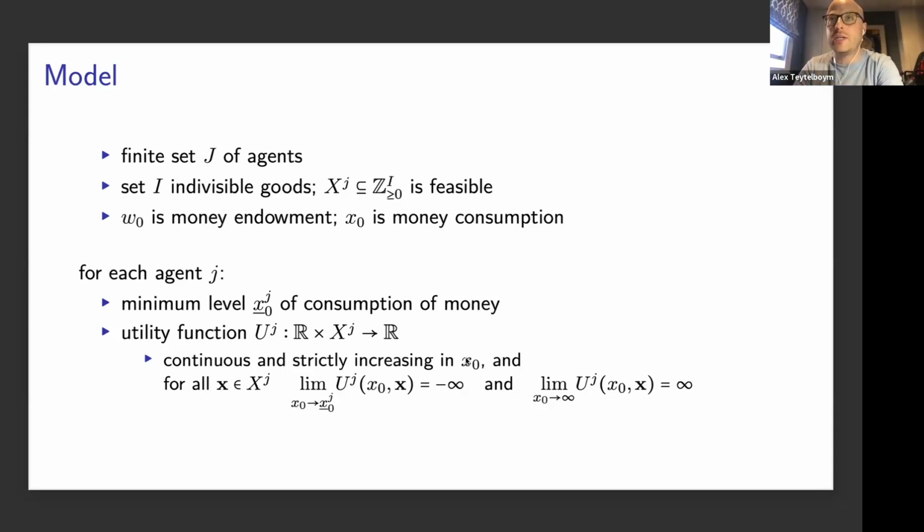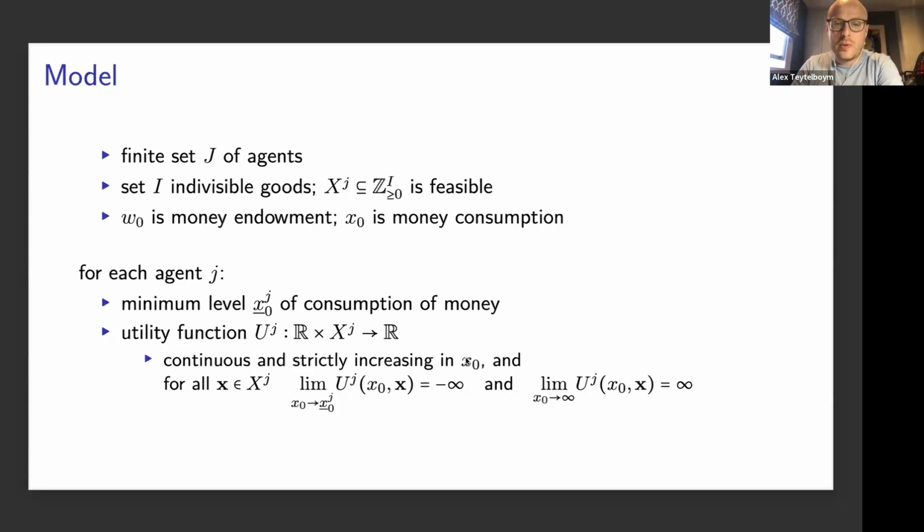So now let's set up this model a little bit more generally. For each agent, I want to think about the following object, which is the minimum consumption of money. And think about this as a sort of budget constraint, perhaps. So a natural one might be something like 0. You don't want to run out of money.